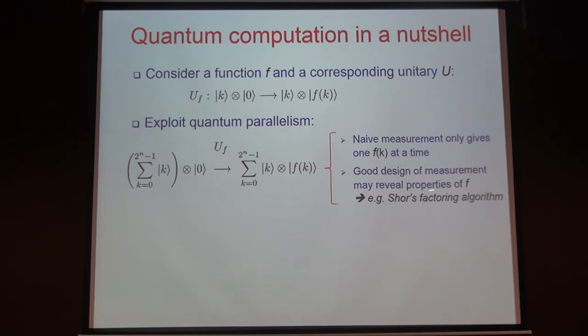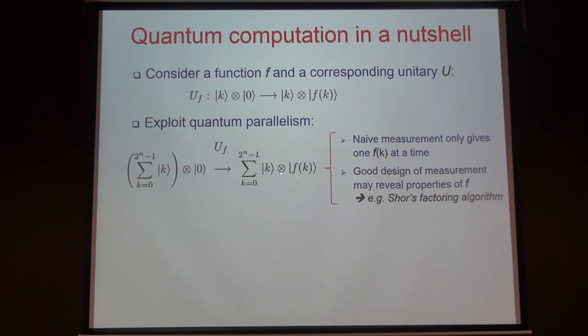So a good design of measurement could actually reveal a property of f. Suppose you don't need to know all of f. You just need to know its property, like the periodicity, as used in Shor's algorithm. What you can do is be slightly smarter and measure the second register.